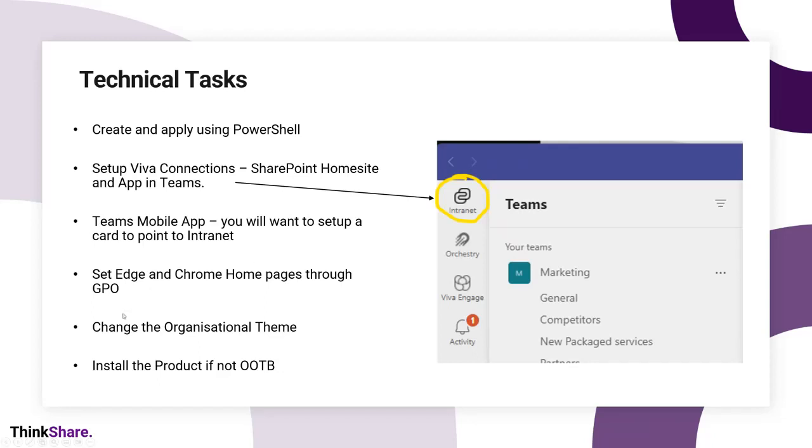Change the organizational theme, as I showed you before. Change the color of it at least. Maybe put your logo in if that's something you want to do. But you'll need to get a global admin to do that, and install the product if you're not going to be using out of the box SharePoint. Installing a SharePoint product can take a little bit of time. It's not always straightforward.